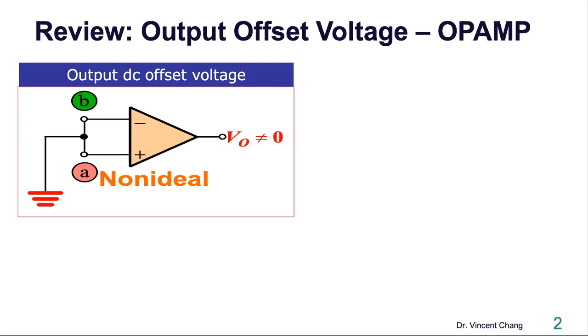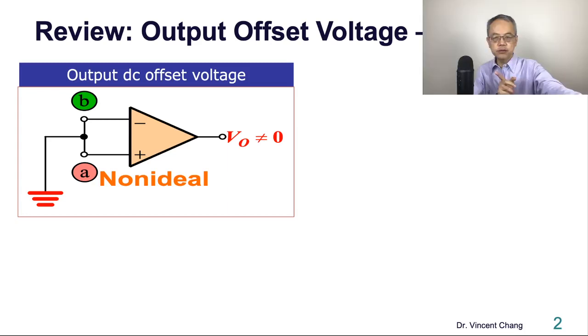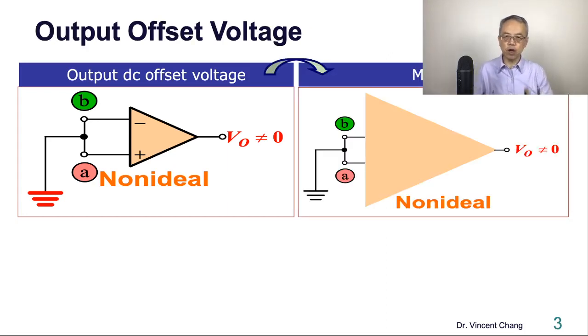If you tie the 2 input terminals, inverting and non-inverting, of the op-amp together and pull them down to DC ground, ideally there is no output voltage, but in reality, the real, non-ideal op-amp will have an output DC offset voltage. VO here is the output DC offset voltage.